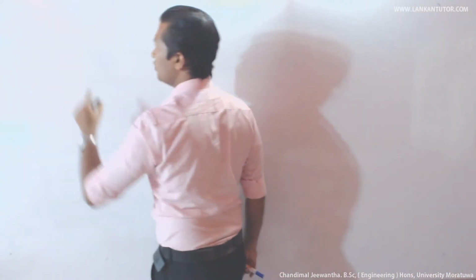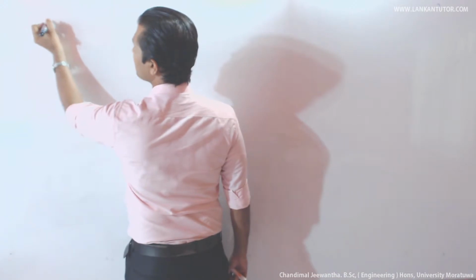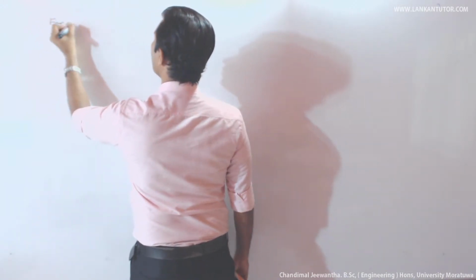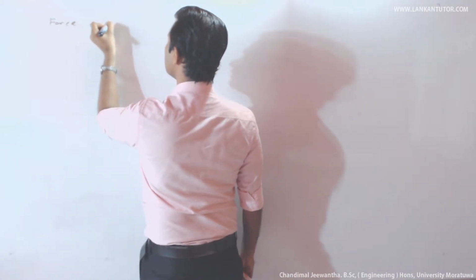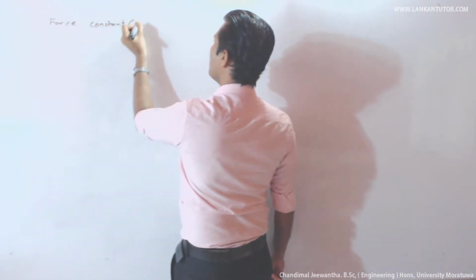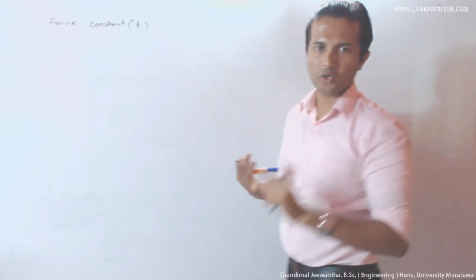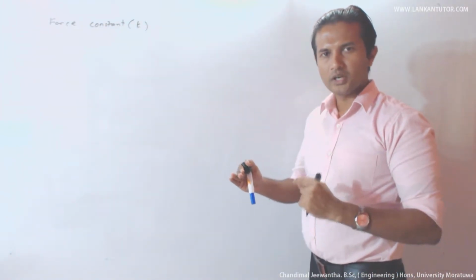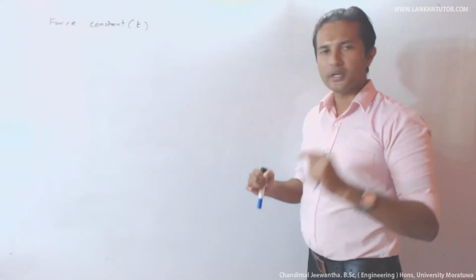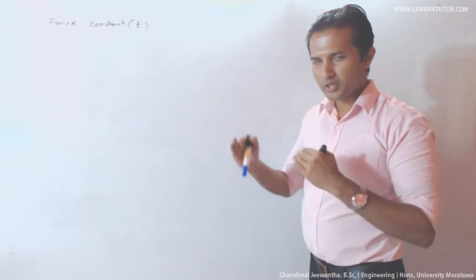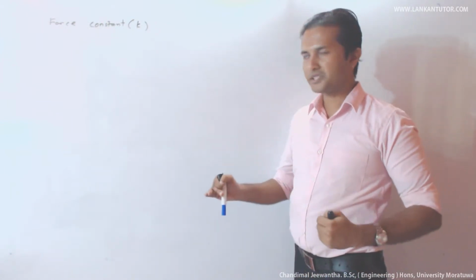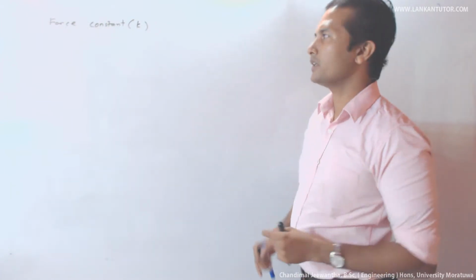Let's move on to force constant or spring constant. What is force constant or spring constant? The force needed on a spring in order to compress or extend it by 1 meter.